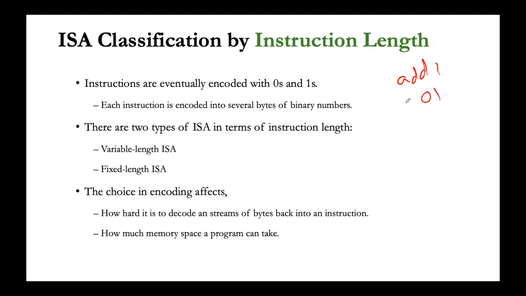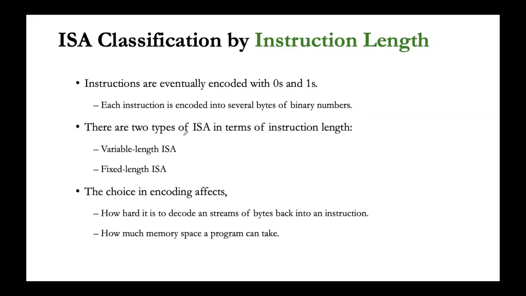But if you are using an 8 bit register, then the rest of the bits will be filled with zeros. That we call encoding, which we will discuss in computer arithmetic in the coming series. For now, just remember the instructions are eventually encoded with zeros and ones. Each instruction is encoded into several bytes of binary numbers, as we said.